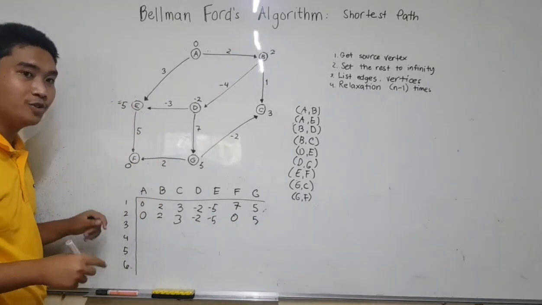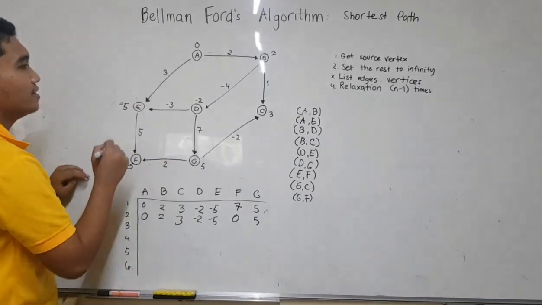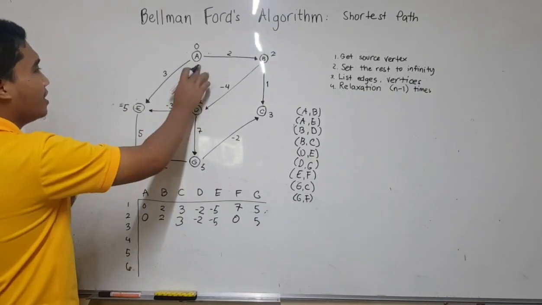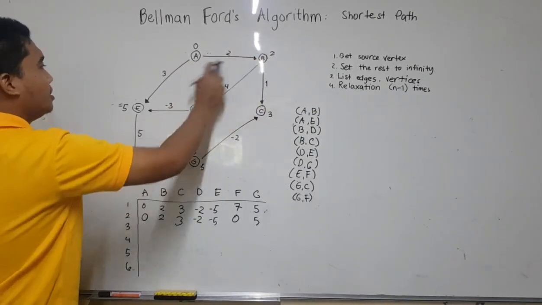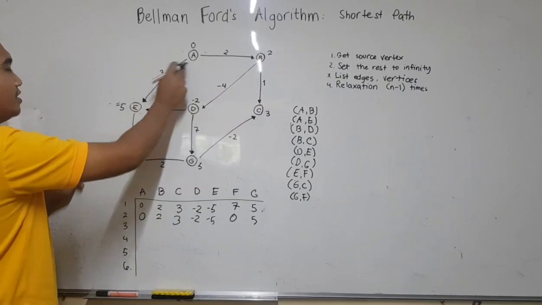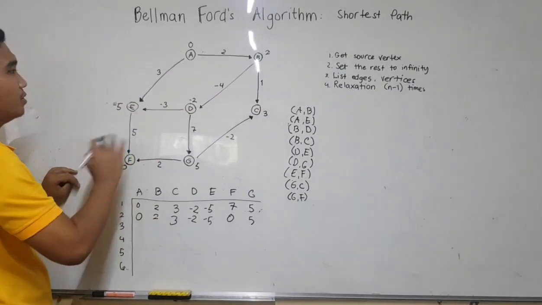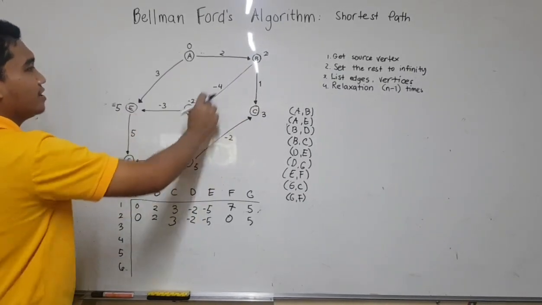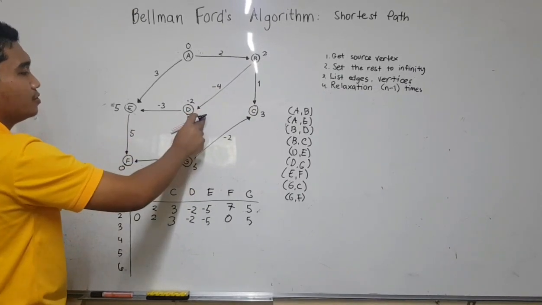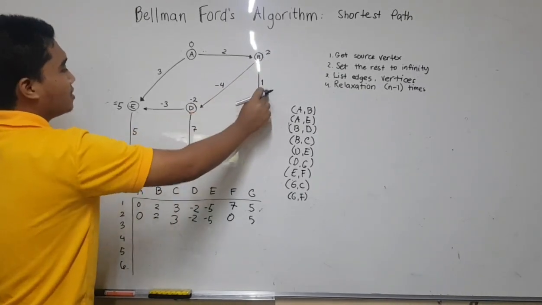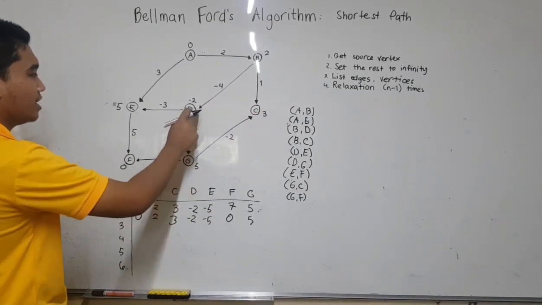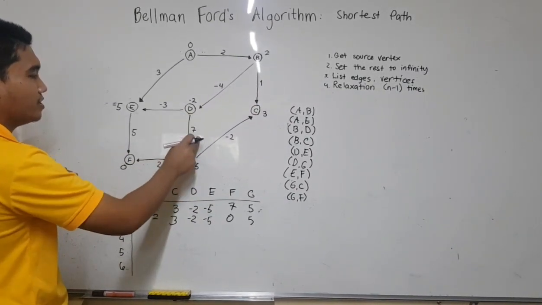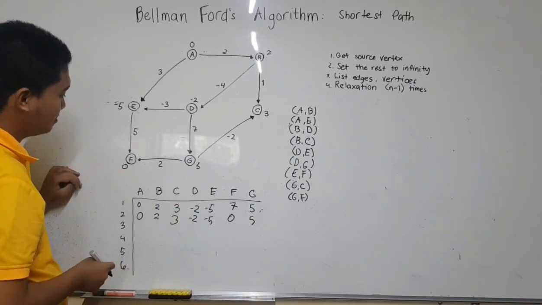Now let's move on to the third iteration. We will do it again. So A to B, 0 plus 2, 2, already there, no change. A to E, 0 plus 3, negative 5, no change. B to D, 2 minus 4, negative 2, no change. B to C, 2 plus 1, 3, no change. Then D to G, negative 2 plus 7, 5, no change.